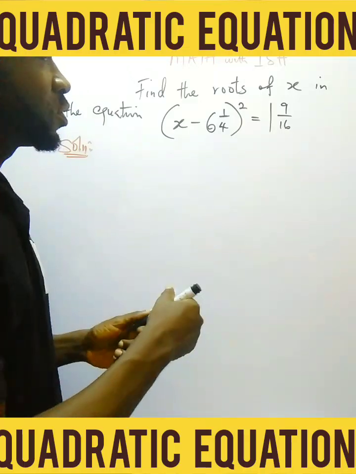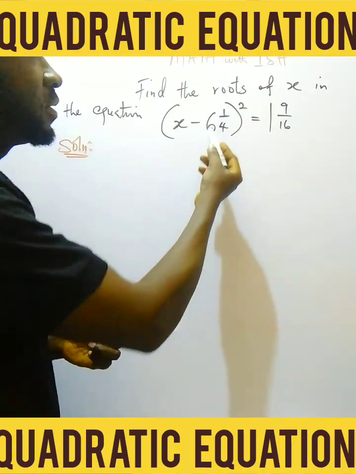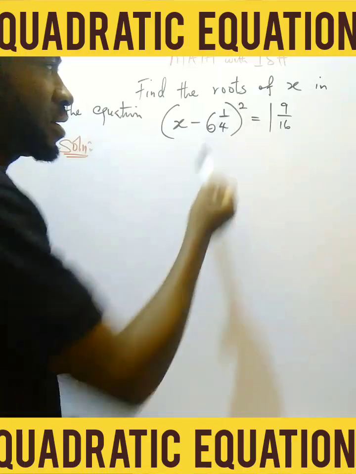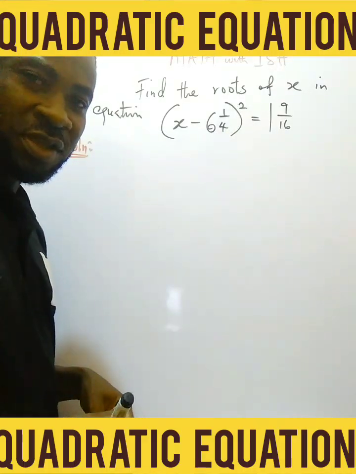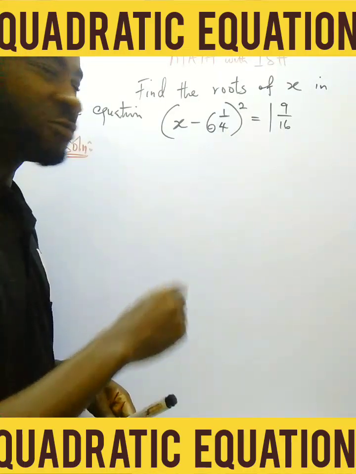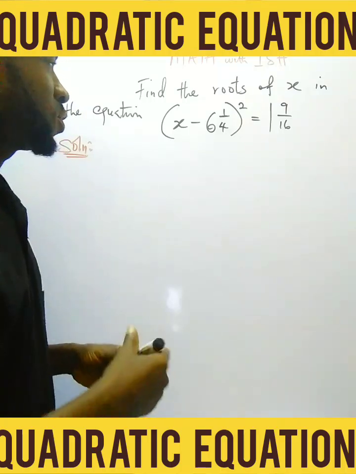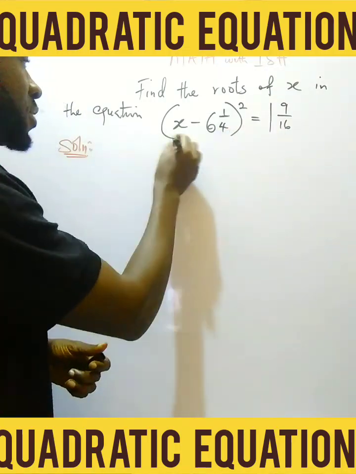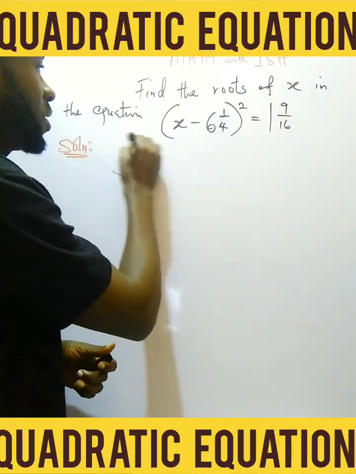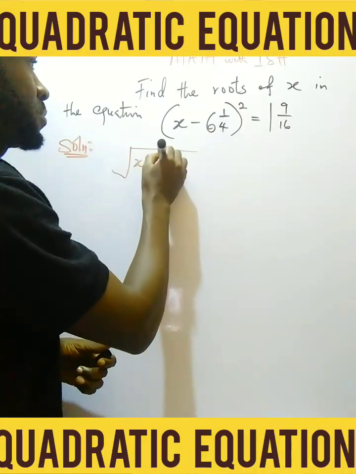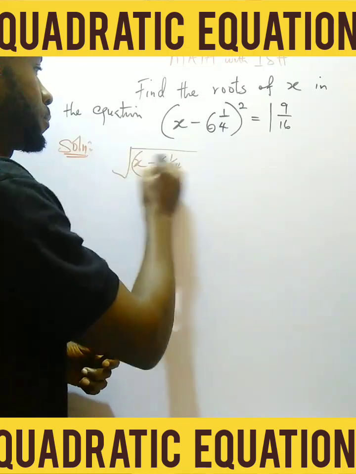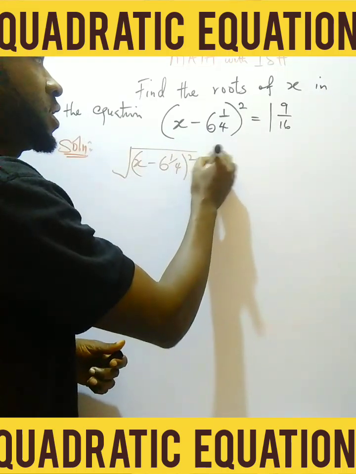So now, if you look at this question, the first thing we're going to do is to get rid of this square here. And to do that, we have to take the square root of both sides. So our solution is, when we take the square root of both sides, what will happen? This becomes the square root of x minus 6 1 over 4, squared.